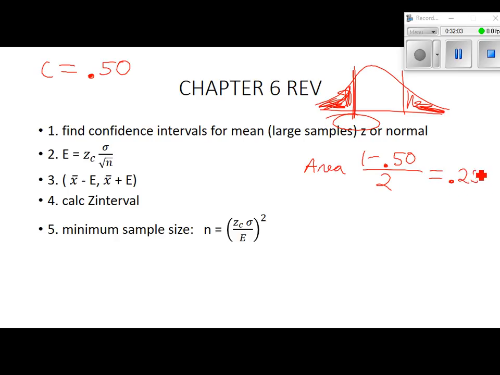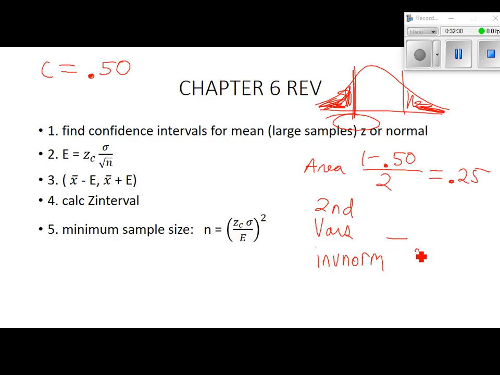That's our area. Now what we do is we hit second on our calculator, second bars, and we go to inverse norm. Remember the inverse norm we did last chapter or 2 chapters ago? That's where you're using the chart but using it backwards. You have the area and you're finding the z-score instead of knowing the z-score and finding the area.